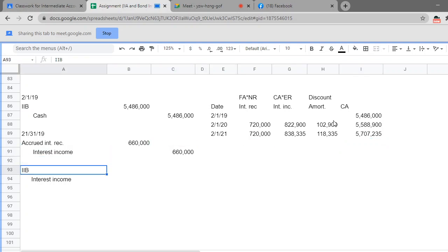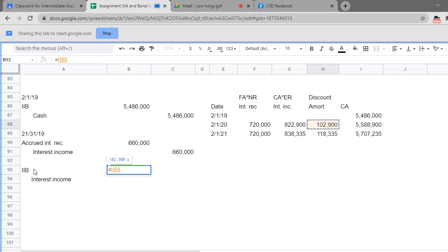Alright. So, dirita, for 12/31/2019, how much is the amortization? Will it be 102,900? The answer is no. Ngano man, para mani sa February 1, 2019 hangtod February 1, 2020.